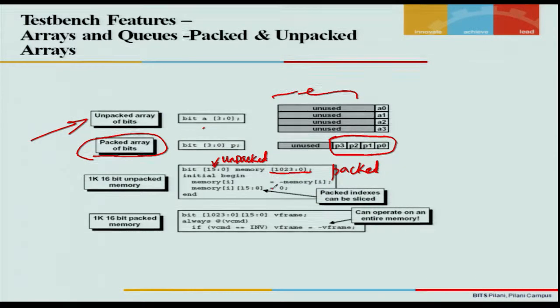So this basically changes to a memory in which you have 16 rows, and each row is 1024 bits wide. Considering this as a bit, this memory is of 16 kilobit size, and this is the way you can assign a value to each location. Memory[i] is basically the negation of memory[i], and so on.